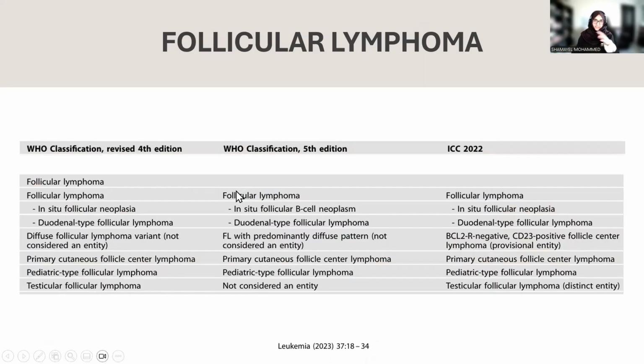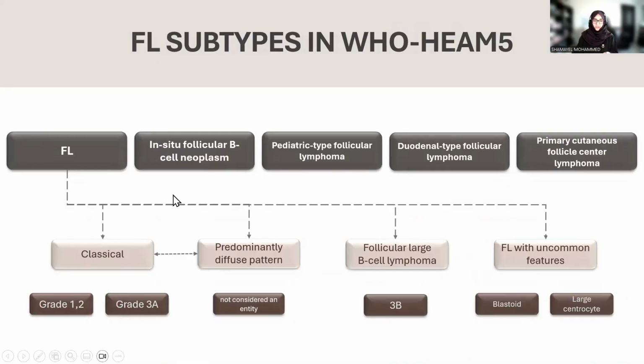So the main entity is follicular lymphoma, and it is divided into some morphological variants, and then you have subtypes of follicular lymphoma. Let's look at it here. The subtypes of follicular lymphoma are the main follicular lymphoma, then in situ or pediatric, duodenal type, and primary cutaneous.